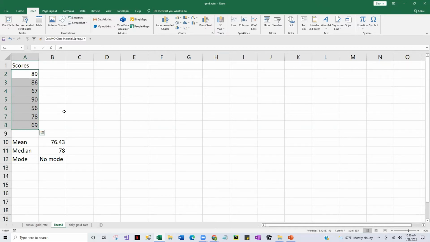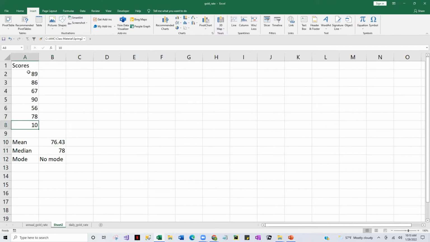If the data is dispersed, let's say instead of this 69, I'm going to just say 10. Even if I change this one, the mean is going to change. The mean is going to be 68 if I change the number, but the median is still going to be 78, right? Can you see the difference?